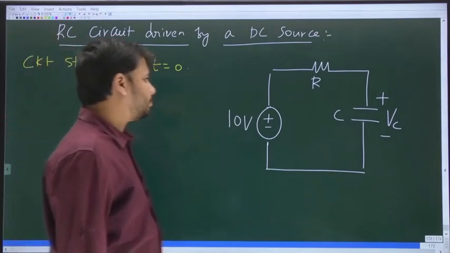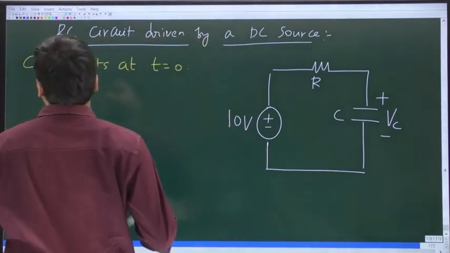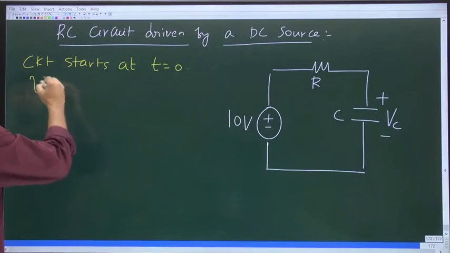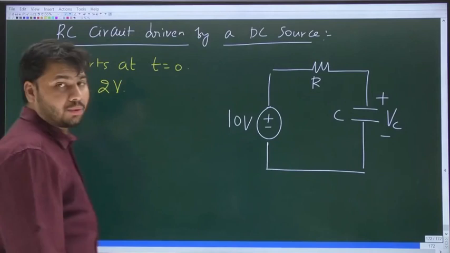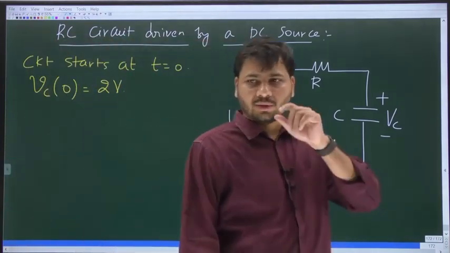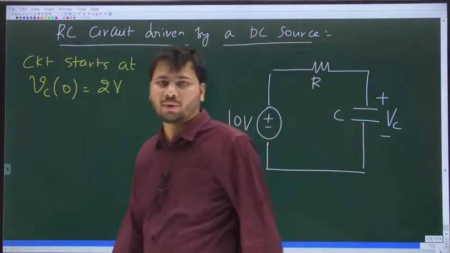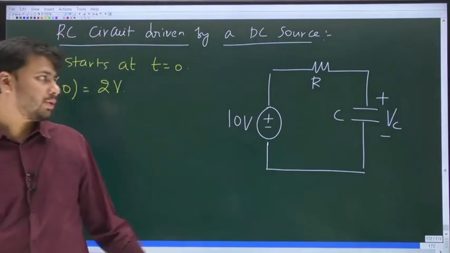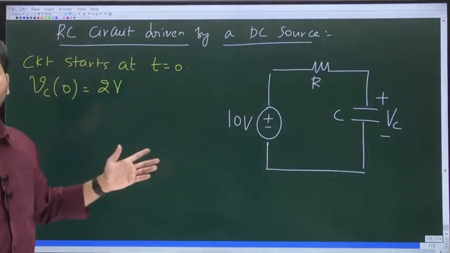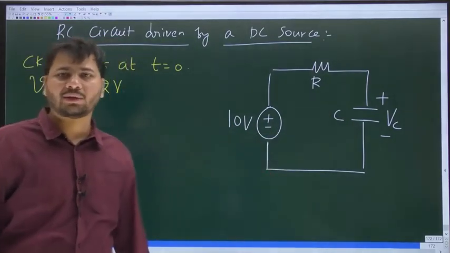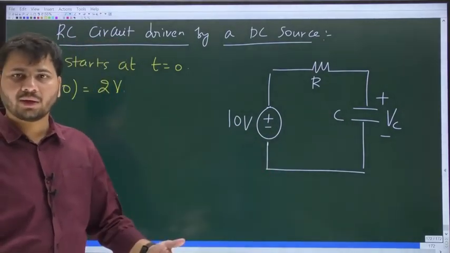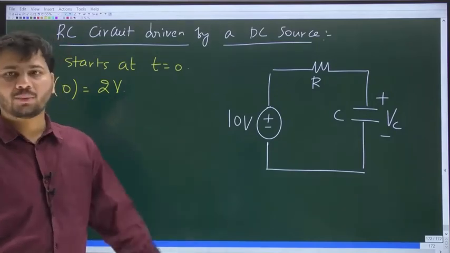Okay, here let me also say Vc of 0 is some 2 volts. So what is this Vc of 0? Is it not the initial voltage across the capacitor? So I am saying let the initial voltage across the cap at the beginning of the circuit be some 2 volts.